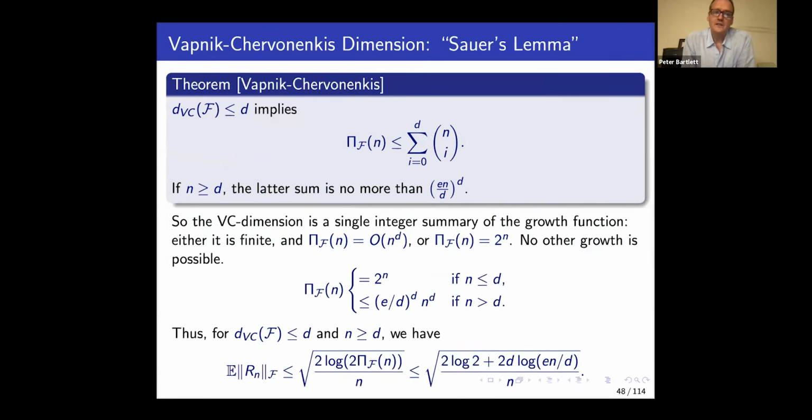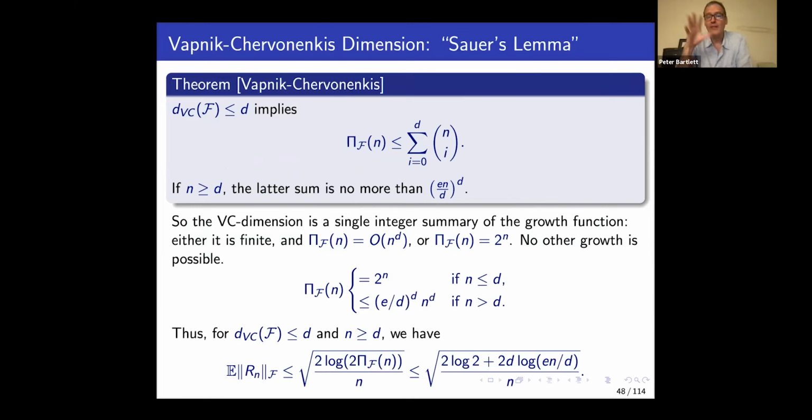So if the VC dimension, and this is a result from I guess the 60s in the original Russian article, and the translation was 1971 about Vapnik-Chervonenkis, is no more than d, that implies that the growth function looks like n choose d.